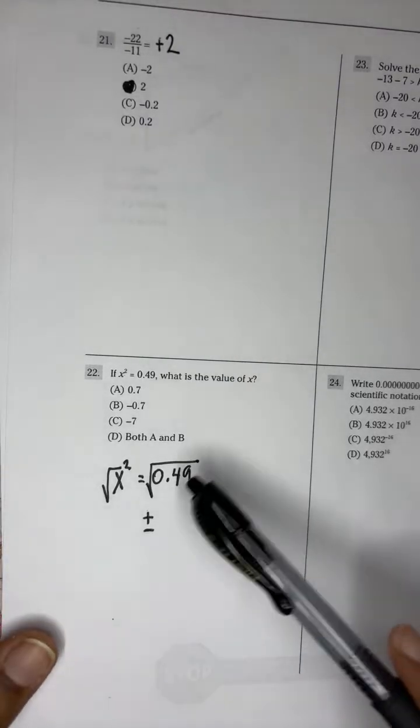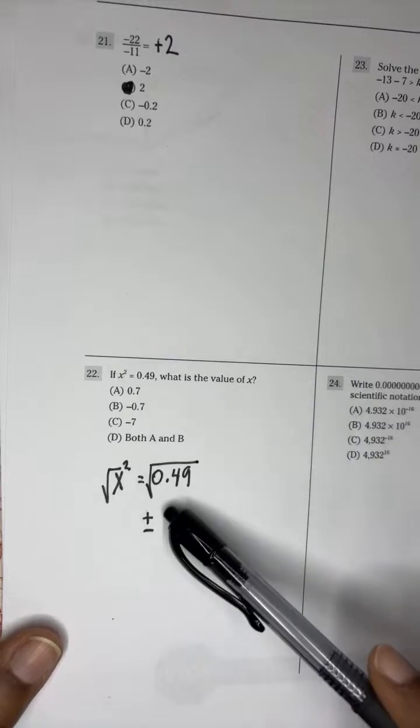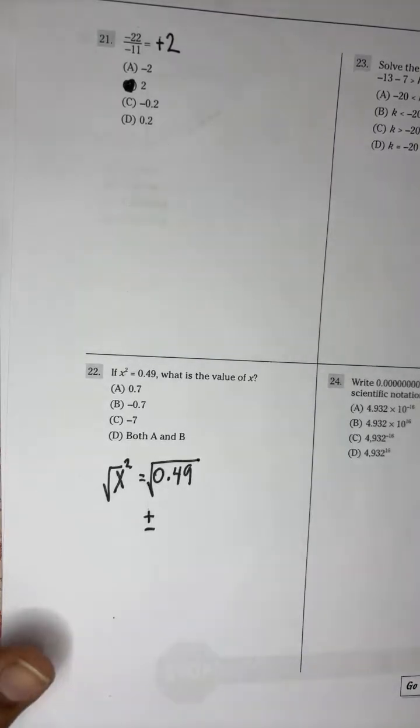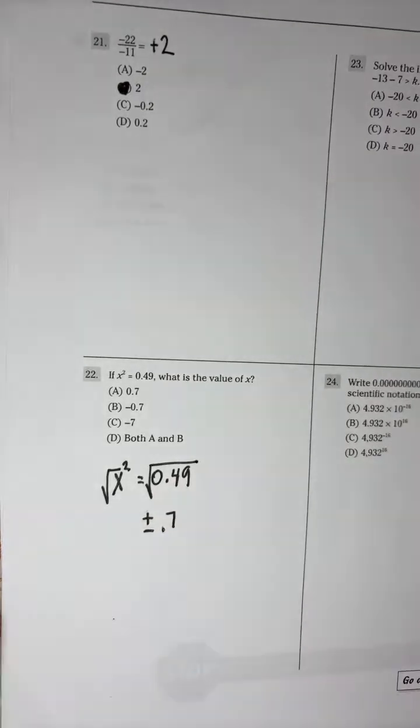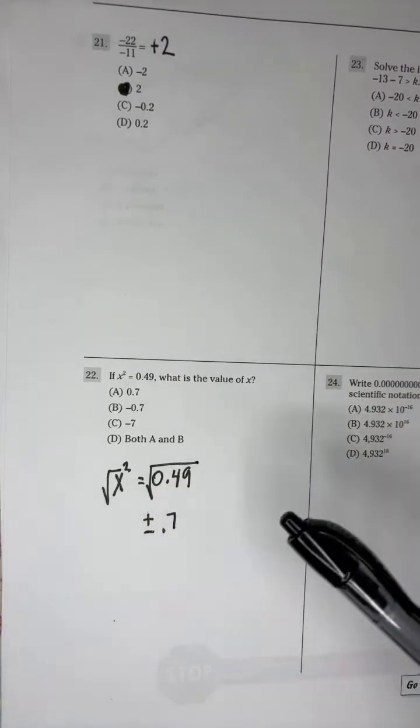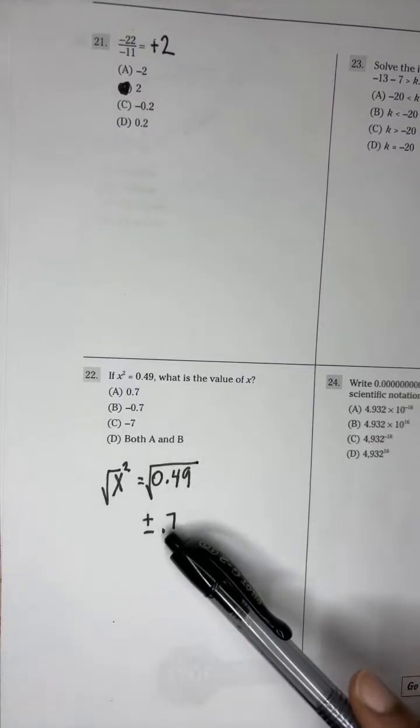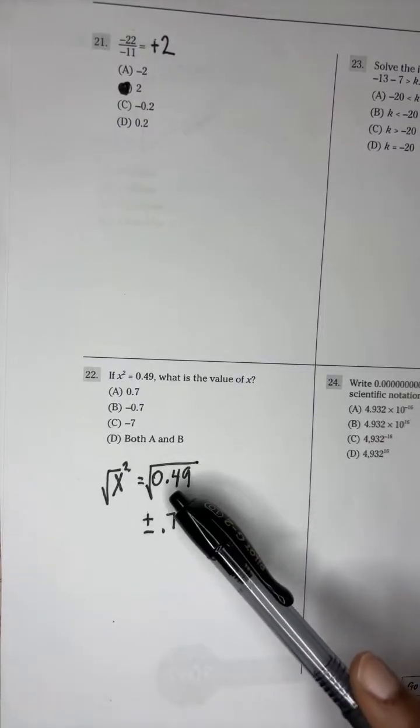And then the square root of this is what times itself gives you 0.49. Well, 0.7 does, because 0.7 times 0.7 gets you 0.49.